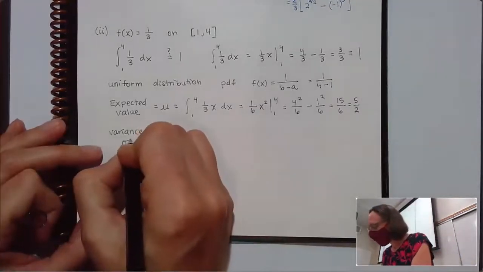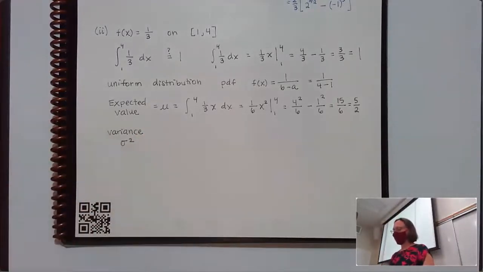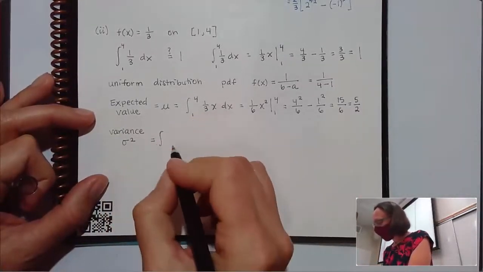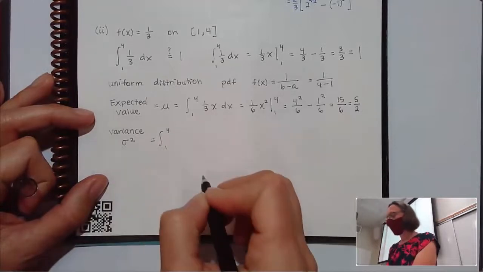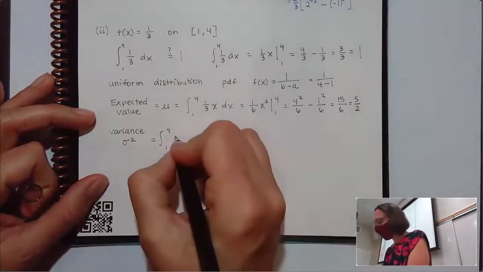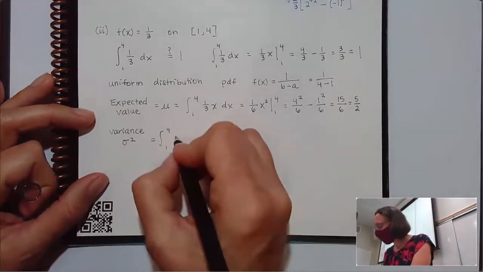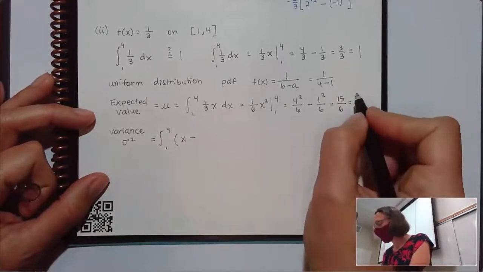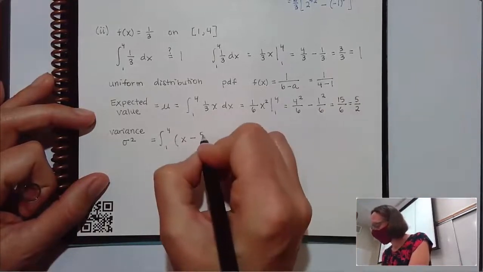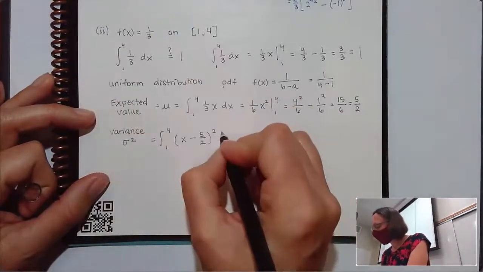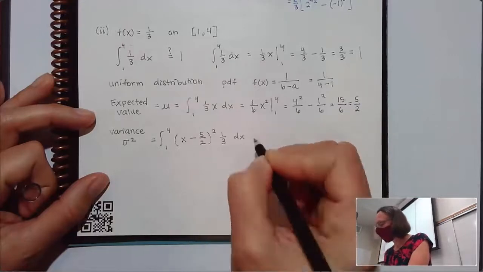So there are 2 options for how we would integrate to get the variance, right? Option 1 is that we basically use the same equation that we had for our discrete distributions, where we take x minus our expected value, whole thing squared, times our probability density function, dx.